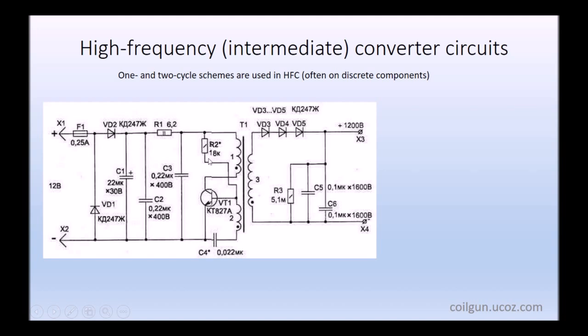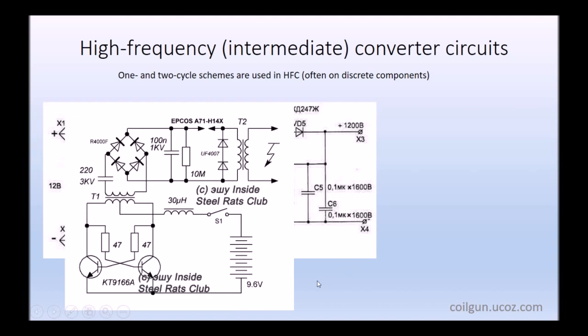This is the bias winding. No, this is the power winding, and this is the feedback bias winding. There can also be 2 cycle generators based on the same bipolar transistors or MOSFETs. They are somewhat more efficient.